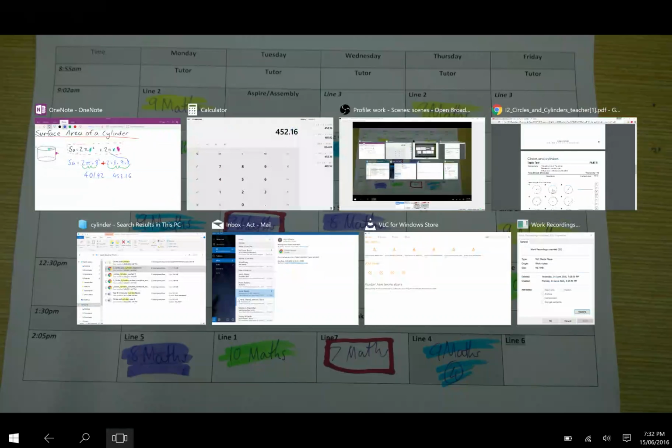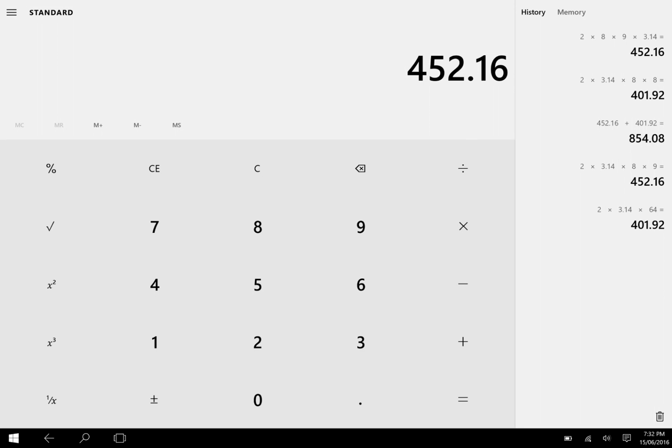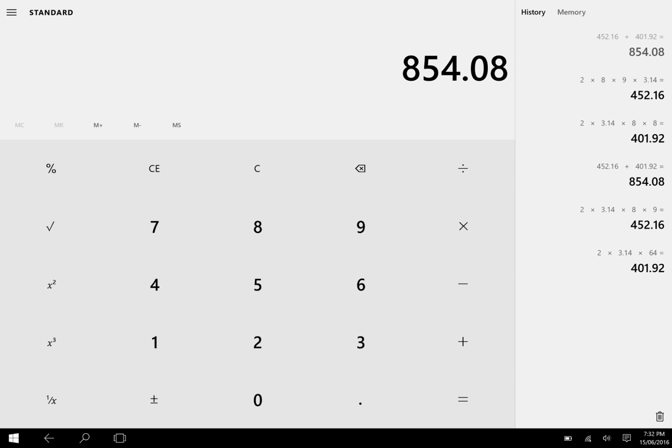Then I just add the two together, 452.16 plus 401.92 equals 854.08.